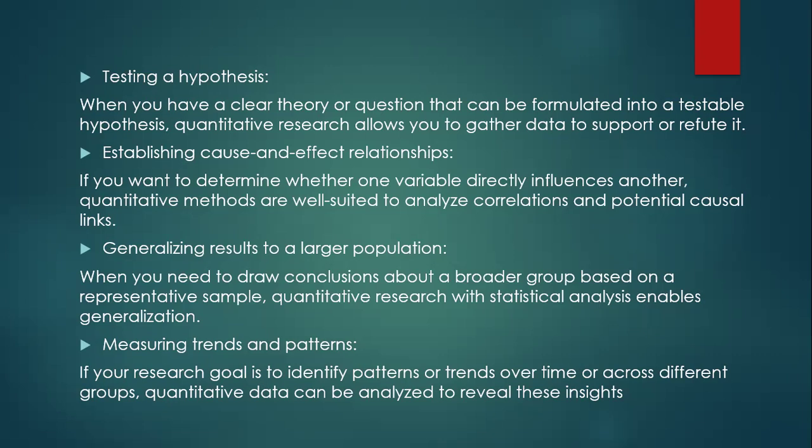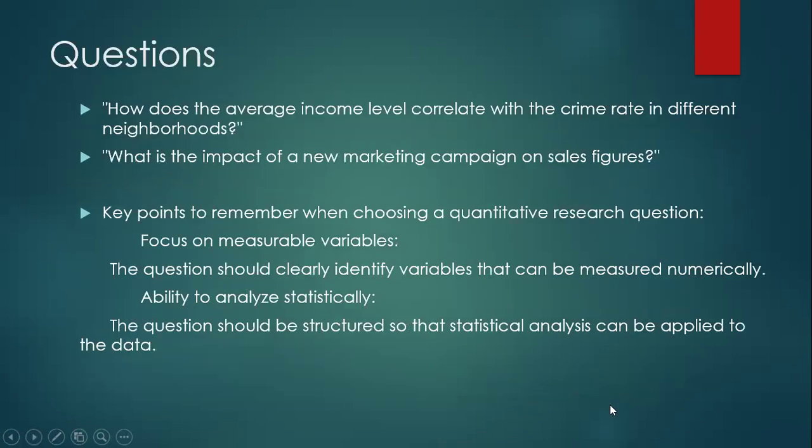When you want to measure trends and patterns, if your research goal was to identify patterns or trends over time or across different groups, quantitative data can be analyzed to reveal these insights. So this is an example of a question that would lean toward doing a quantitative study.